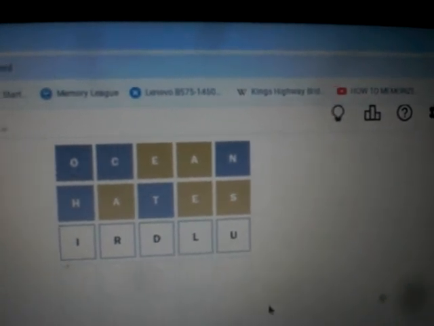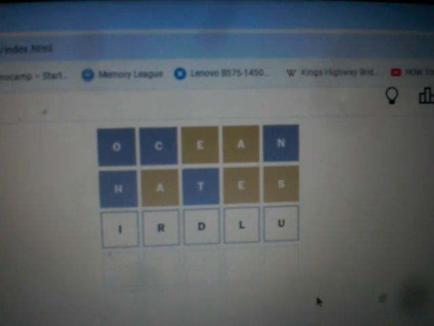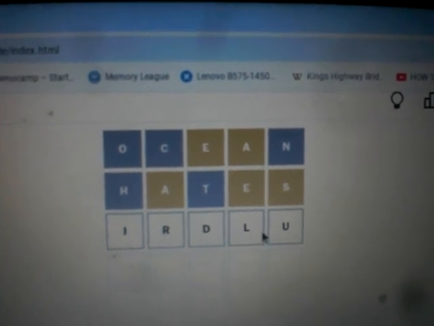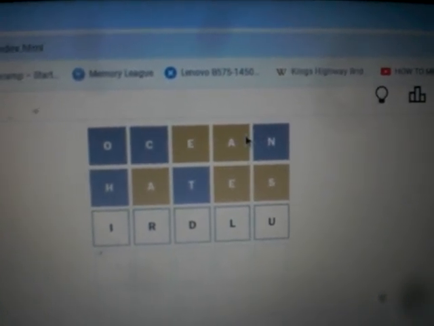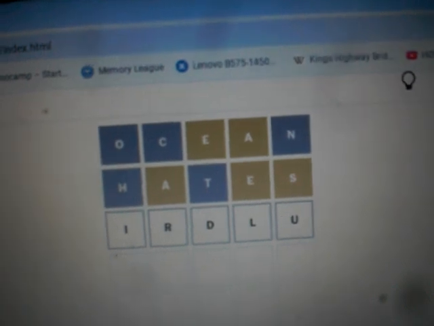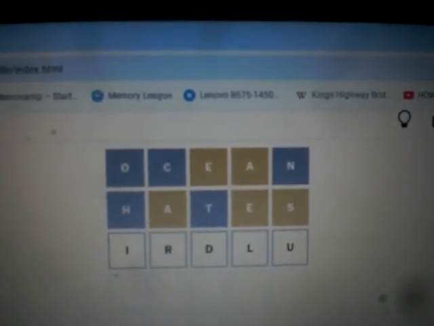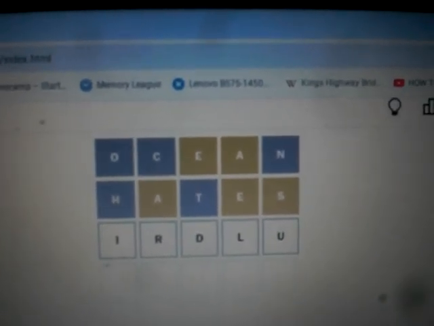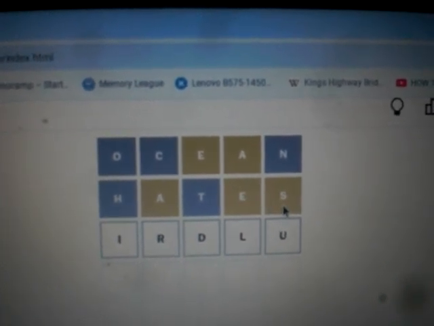The next 5 most common letters in English language, left to right, I-R-D-L-U in that order. So now we know the A is not here or here. The E is not here or here. The S is... See, we don't really have a lot of information. Excuse me. So that has not worked out well. So we need to make a word with 3 of these letters and 2 of these letters.